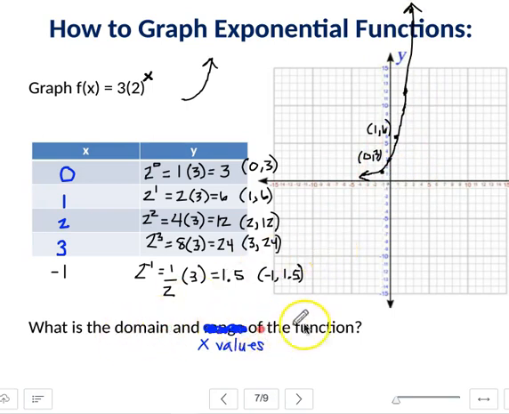So the domain of this function, really we can plug in any x value. Remember the domain represents the x values. So in this case, it would be all real numbers. The domain is all real numbers.